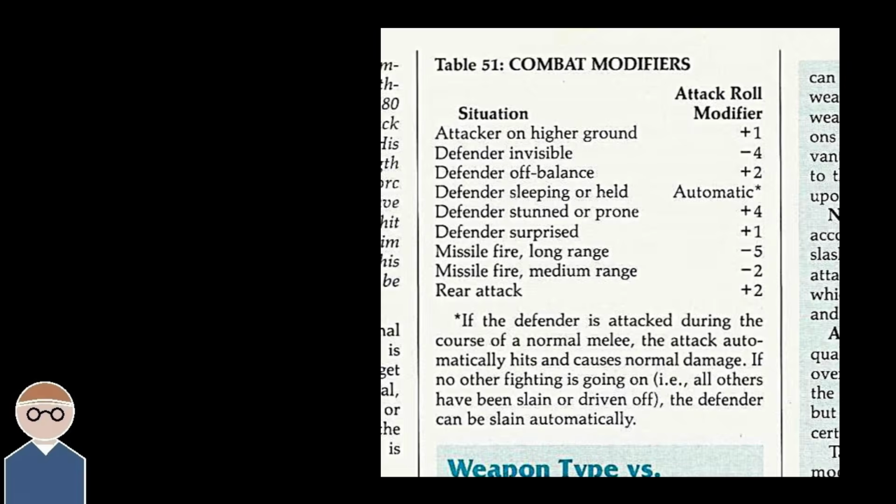Outside of this block of text, there are a couple of other things mentioned. On page 90 of the PHB, there's table 51, combat modifiers, and it mentions that you get a +1 to attack rolls versus surprised creatures. On a previous page, it also mentions that surprised characters and monsters have a decreased chance of making successful saving throws, but it doesn't mention how this works.